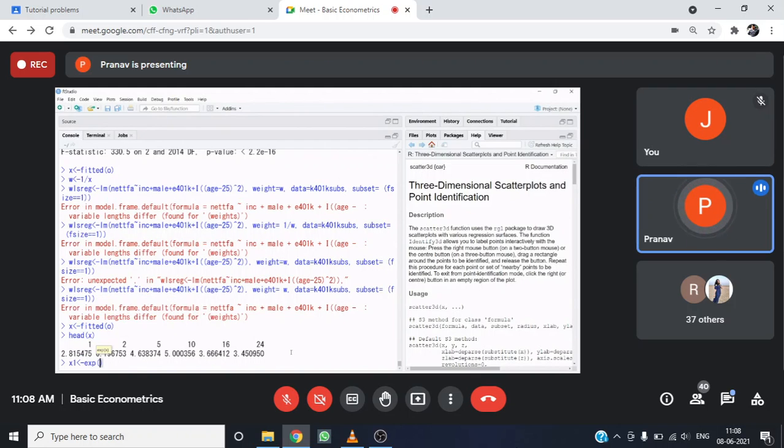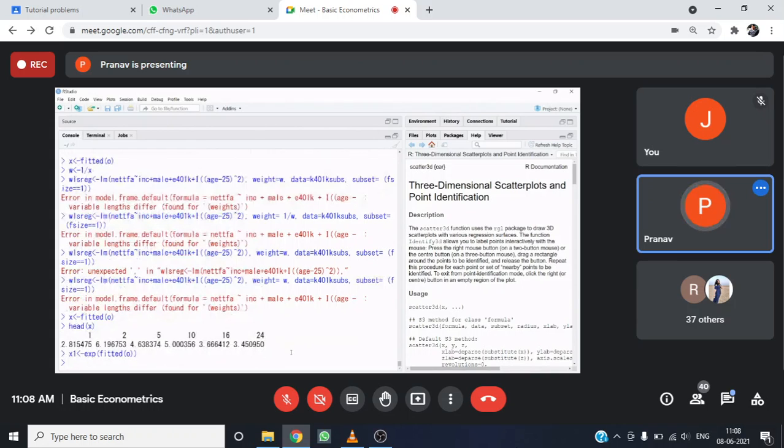Yes, it should be the expected value instead of that. Until now we were on fitted values. Maybe that's why it is coming like that. Let me check.